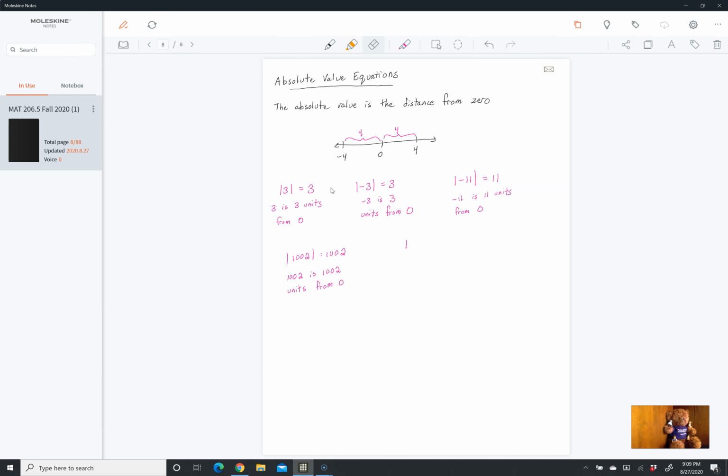And finally, the absolute value of negative 103 is positive 103. Because negative 103 is 103 units from 0. So I want you to know, absolute value is always positive.